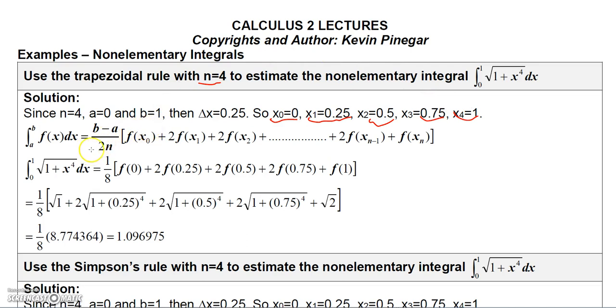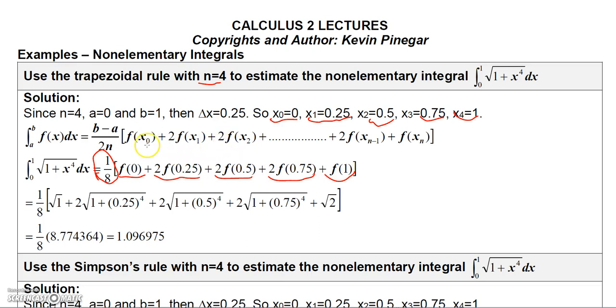Now remember, this is the trapezoid rule formula. If I do b minus a over 2n, that would be 1 minus 0 over 2 times 4, so that would be 1/8. And then in this bracket here, I would need to sum f of 0 plus 2 times f of 0.25 plus 2 times f of 0.5 plus 2 times f of 0.75 and then plus f of 1.